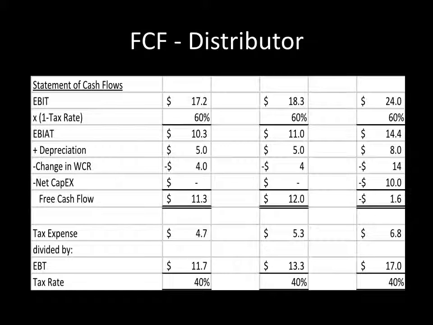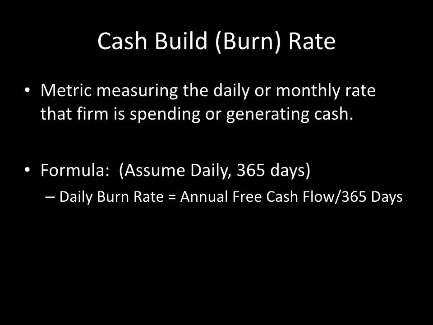Now, if we wanted to get an estimate of how long, based on the cash we have on hand in the bank, that cash will last, we can calculate something called the cash build or burn rate. If it's a negative free cash flow number, we divide it by the number of days in the year or the quarter. In this case, it'll be year. We'll use 365 days as the number of days in a year.